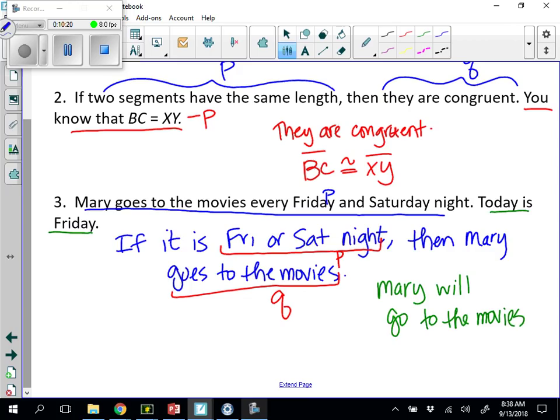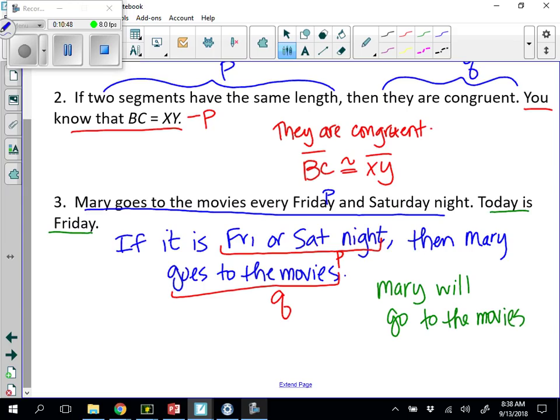Because it doesn't say she only goes on Friday or Saturday night. She could go a different night as well. She always goes on Friday or Saturday night. So if I'm presented with the conclusion of a statement, I can't go backwards in a sentence and assume the hypothesis will happen as well. Law of detachment goes from, I have to be given the hypothesis in order to logically conclude that the conclusion will occur. Okay, so that's our first law, law of detachment.